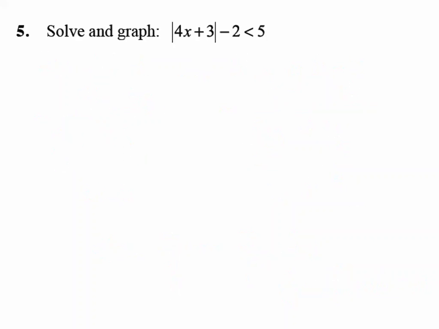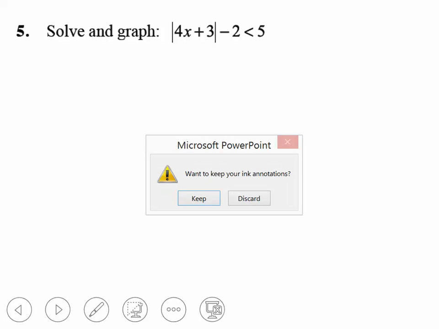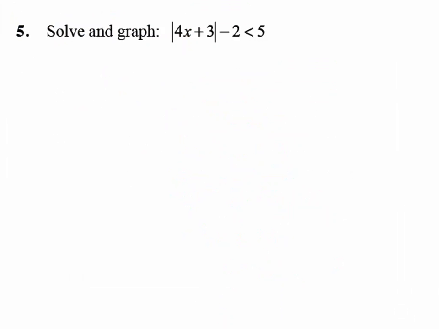I'll give you a hint here. What happens if the absolute value is not all by itself? Got to do a little bit more work there. All right, hopefully you guys got it here.